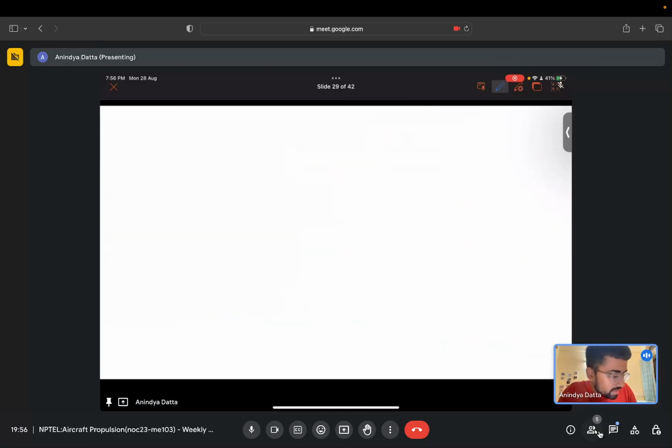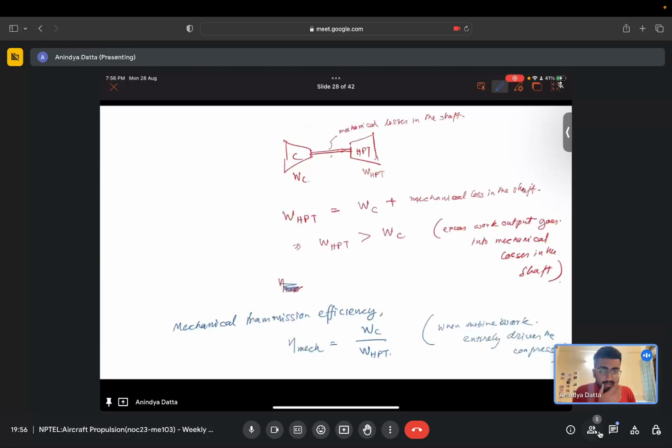So now we can write eta mech is work done by compressor by work done by high pressure turbine. So work done by compressor divided by eta mechanical is equal to work done by high pressure turbine. Is this clear now how mechanical efficiency is coming in? Yes, sir.